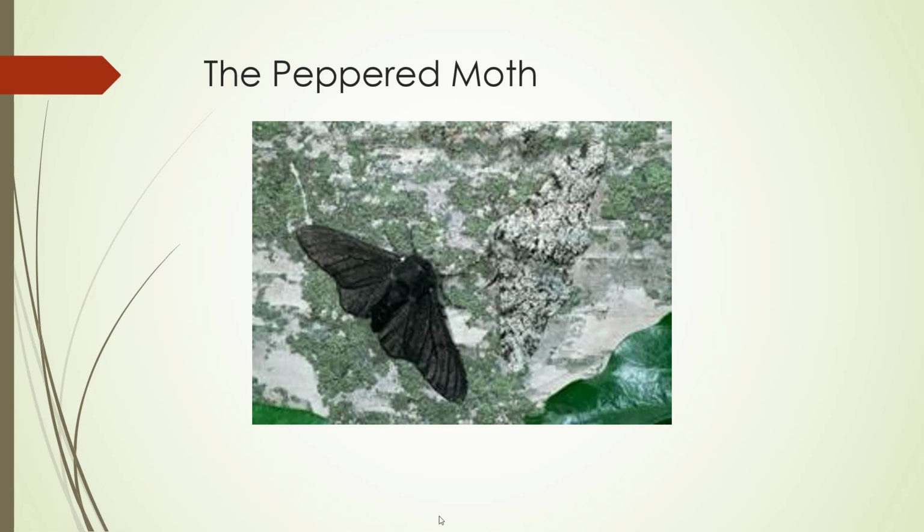Well, during the Industrial Revolution, all that air pollution killed the lichen off. We're going to talk about what an indicator species is a little bit later, but just to tell you ahead of time, this lichen is very sensitive to air pollution. So once all of that air pollution was put out, the lichen died, and the trees became covered with what's called soot.